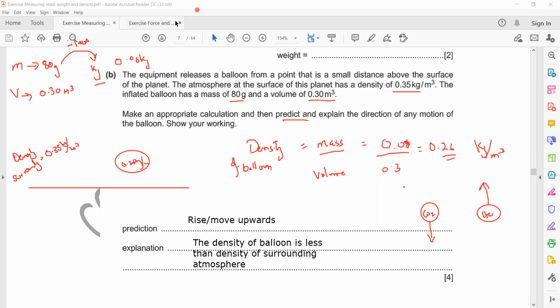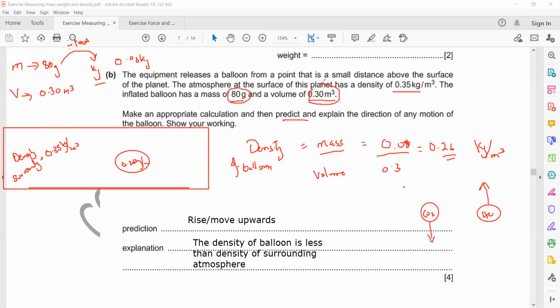And on this planet, we release a balloon which has a mass of 80 gram and a volume of 0.3. So basically, how can we predict whether the balloon will rise or sink or fall? It depends on the density of the balloon.